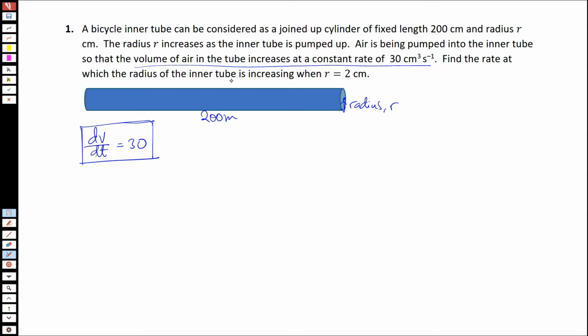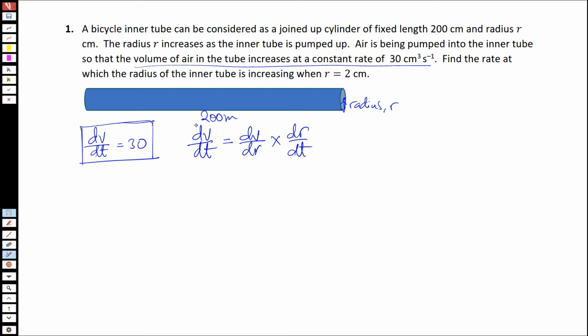So what is required here is dr over dt. And we said that the relationship between these quantities is that dv over dt is equal to dv over dr multiplied by dr over dt. In this case, we have r because r implies the radius.